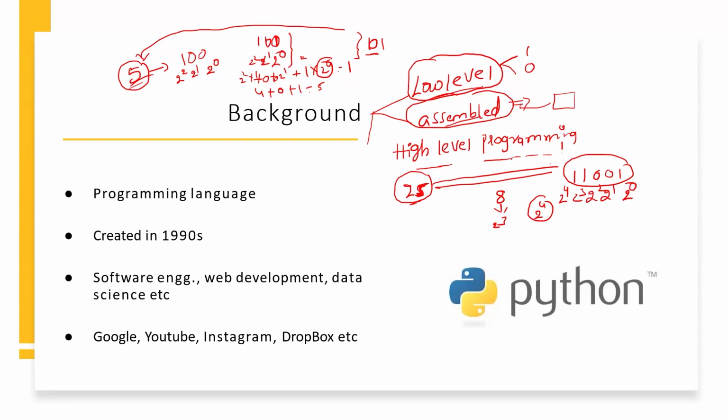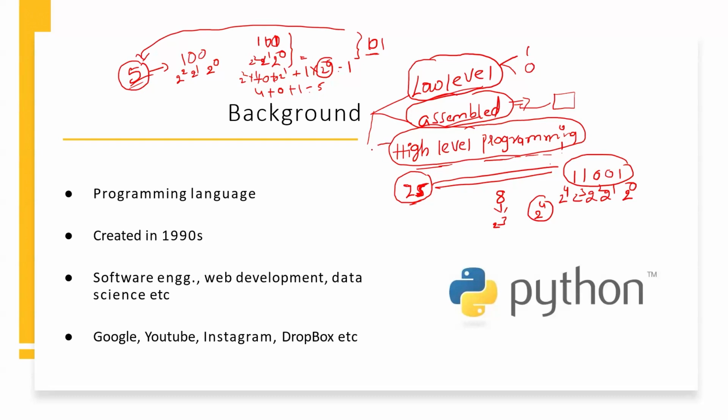High level programming is nothing but where users like us can communicate, write and read the language. Any programming language like that is called high level programming.